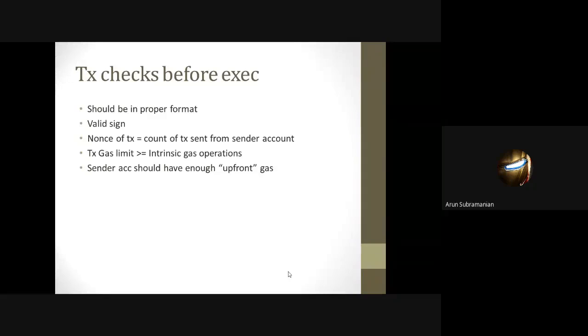The transaction should be in a proper format: who is the sender, who is the receiver, what is the amount intended to be given, and what is its initial gas, the estimated amount of gas points. That format should be proper. It should also be signed by the sender, using the sender's key, and it should be flooded to the other nodes to reach the final node.